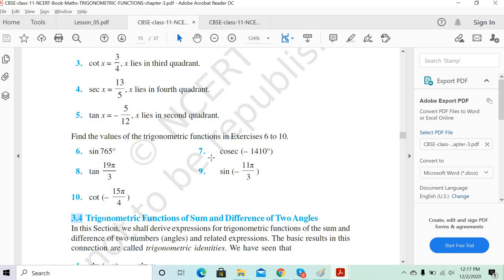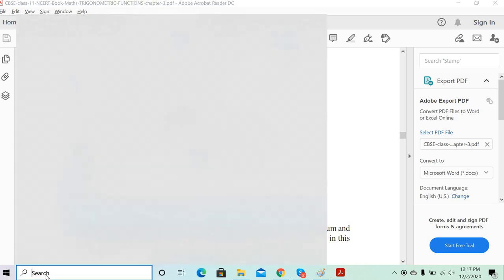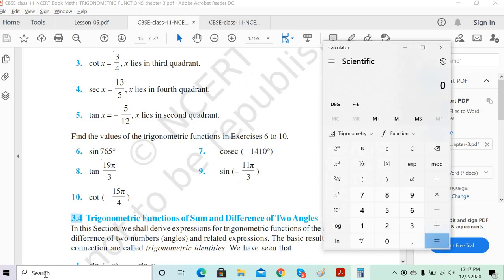I think something is missing in this part. So 1410. How much did you calculate for 1410? Tell me. Wait, something is missing. Is the calculation correct? I'll check 1410 again. You divide 1410 by 180, so you got 7. Okay, no problem.